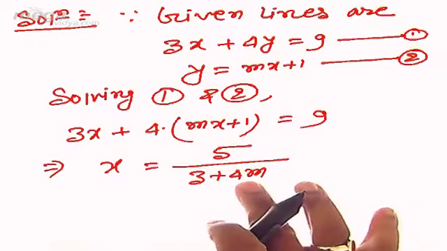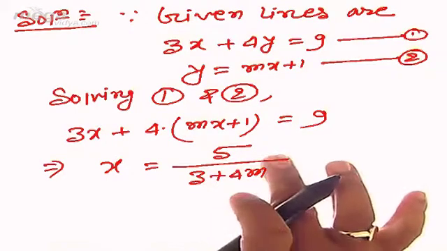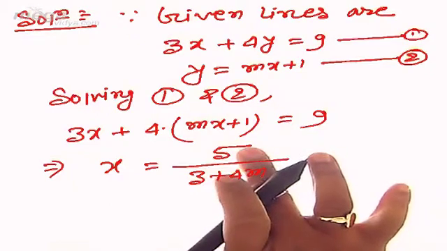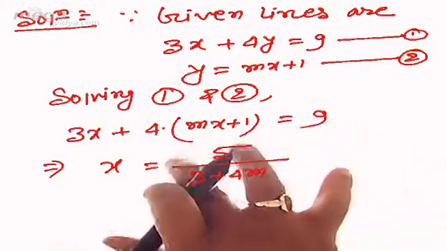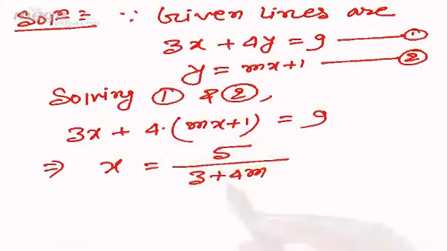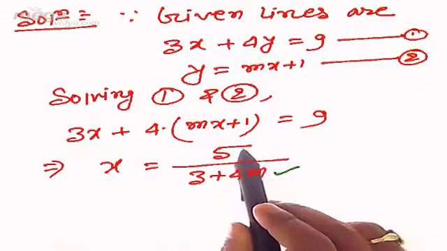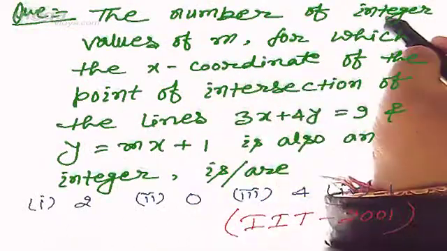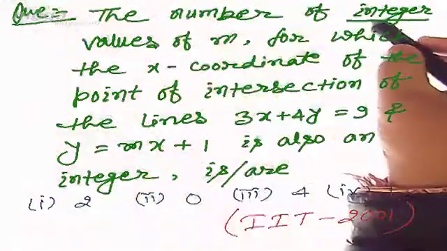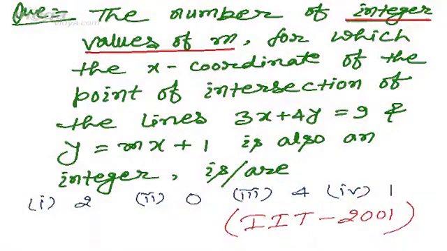Now students, the numerator is 5, which is a prime number. So to get this result as an integer, we need 3 plus 4m to be a divisor of 5, and according to the question, the number of integer values of m means m is also an integer.